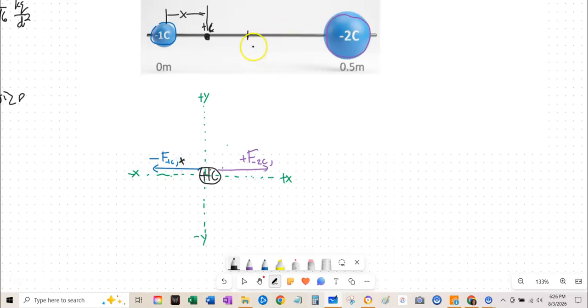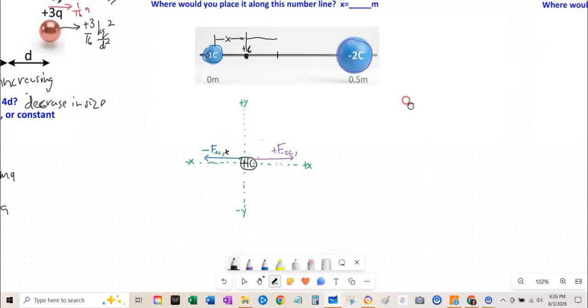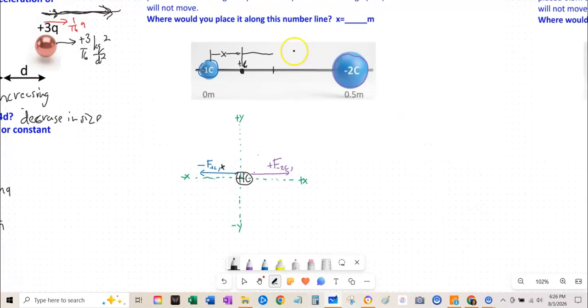Now, if that's a distance x and the two main charges are separated by a distance of half a meter, what is the distance between these two things, from here to here?